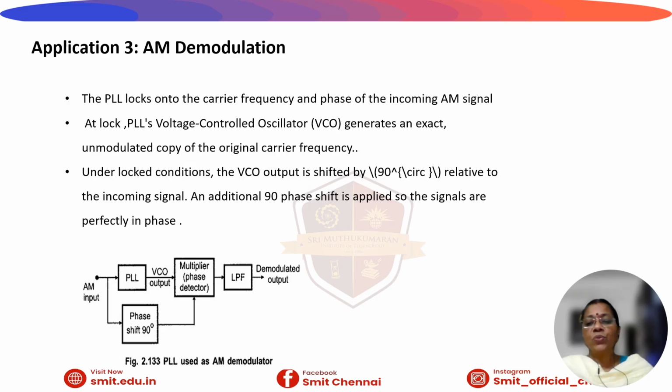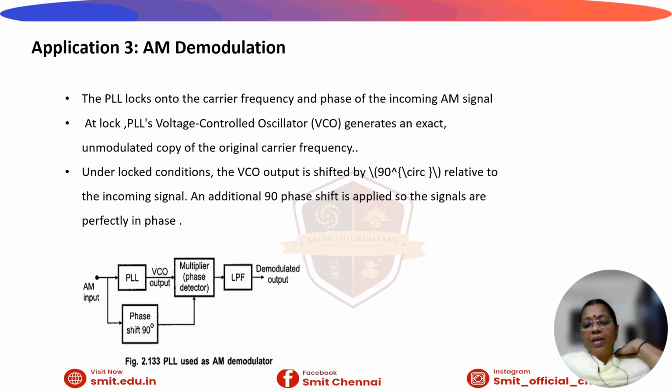The PLL is used for synchronous amplitude modulation demodulation, by locking the local voltage controlled oscillator to the exact carrier frequency and phase of the incoming AM signal. This method provides exceptional selectivity and noise immunity compared to conventional envelope detectors.